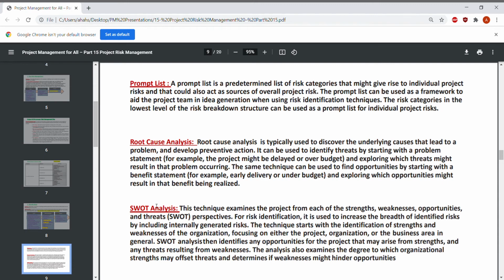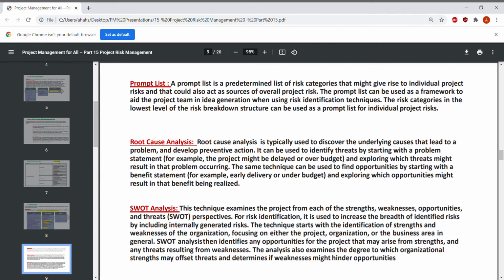The strengths, weaknesses, opportunities and threats analysis. This is also important. This technique examines the project from each of the strengths, weaknesses, opportunities, and threats perspectives.